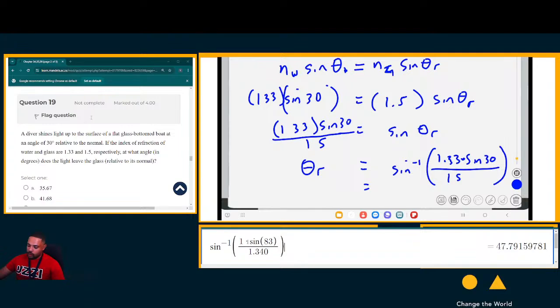This should be 1.33, angle of incidence is 30, this is 1.5, so the angle of refraction in the glass is 26.32 degrees.